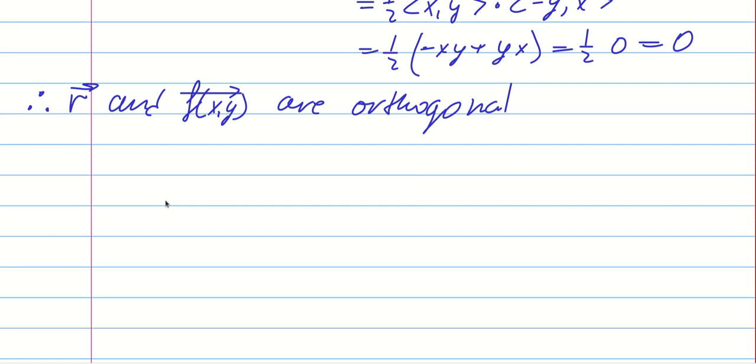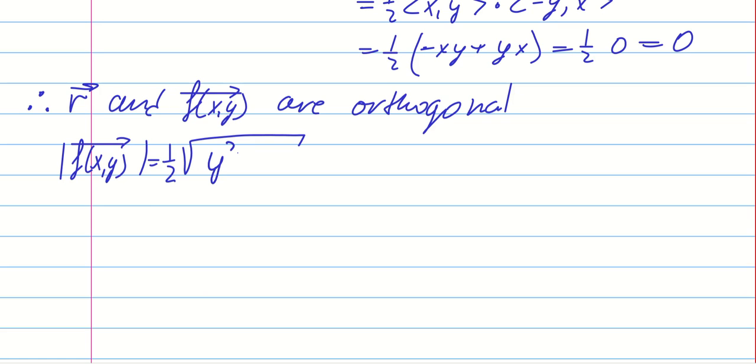So now, what would be the magnitude of f of x and y? The magnitude of this function you can always write as 1/2 of, so 1/2 squared and square root will give us 1/2.